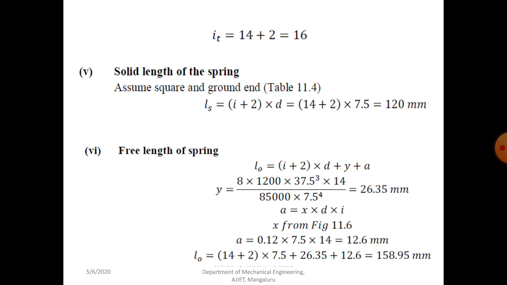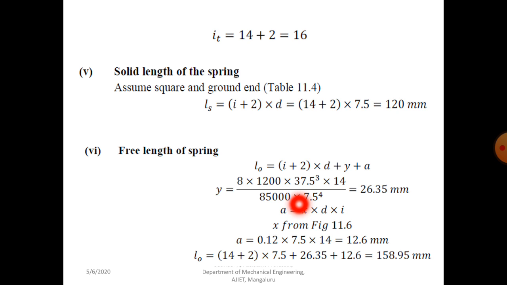The figure you can see is from page number 174, figure 11.6. Based on the diameter as well, A equals x into D into I. So the x value from the figure is 0.12, because you have to calculate based on the C value.